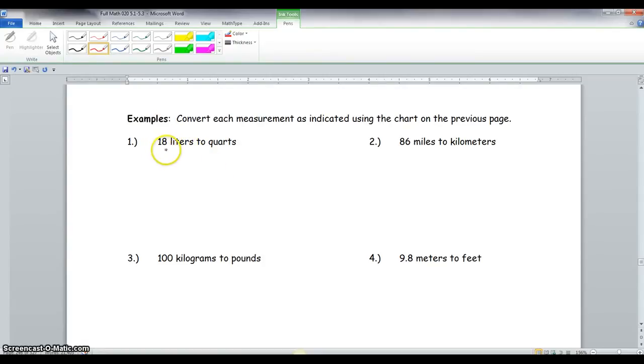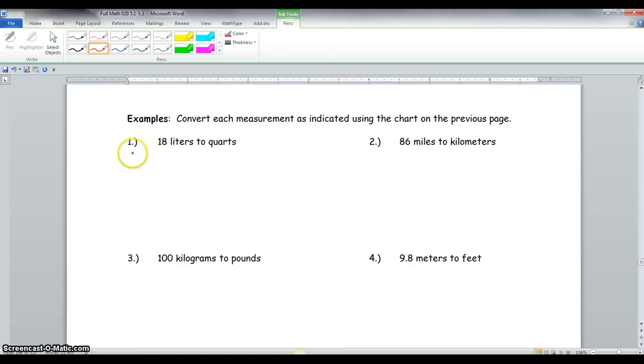Now we want to go from 18 liters to quarts. So the first thing we need to do is find liters on your chart. If you're using the sheet that's above this, we need to go from liters to quarts. So you would look under capacity, and it would be the last value.